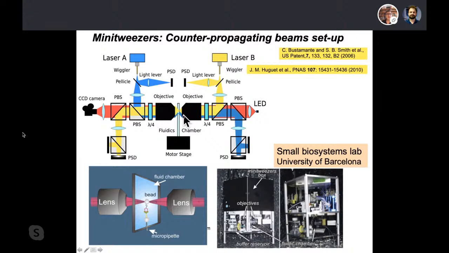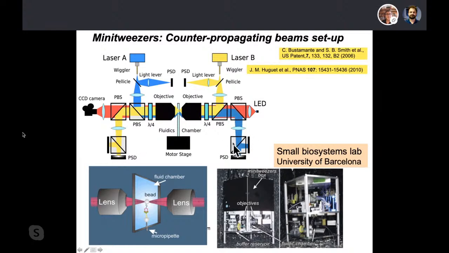By using the fact that the scattering force cancels out between the two objectives, the two lenses, we can basically double the optical gradient force, with the scattering force being minimal. And using low numerical aperture objectives means that we also don't lose much light that can be collected in position-sensitive detectors, the so-called PSD, at opposite ends of the beams.